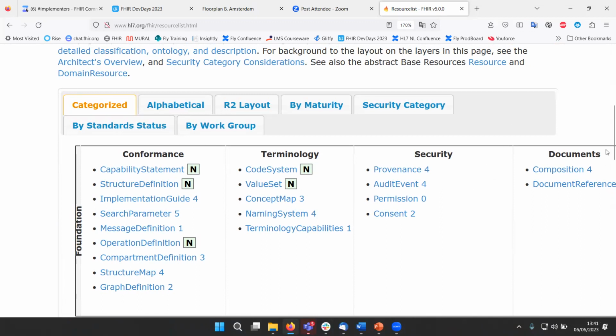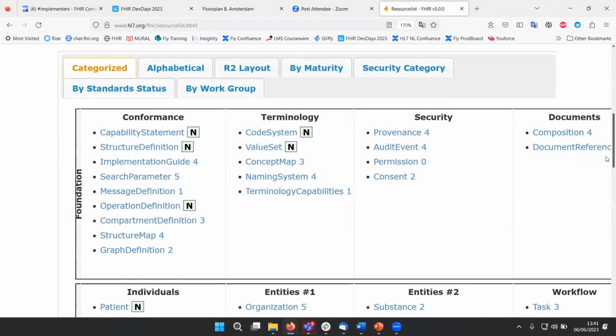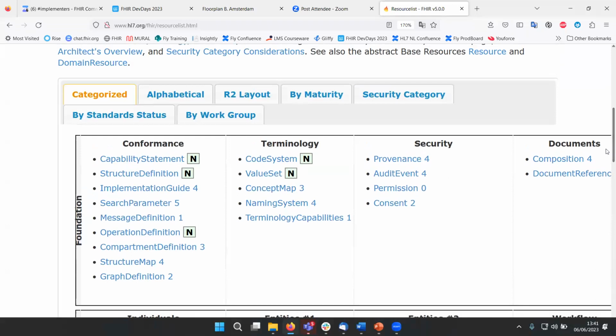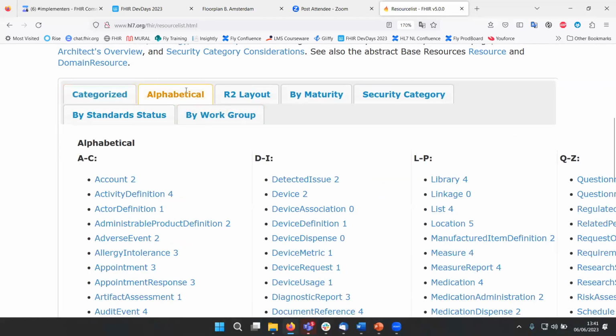Now, in recognition of the fact that a standard is working on all sorts of things at the same point in time, next to these names we see a digit, and a digit is an expression of the maturity level. So not all of these resources are of the same maturity level. We don't have a similar concept in version 2. It would have actually made sense to have it.